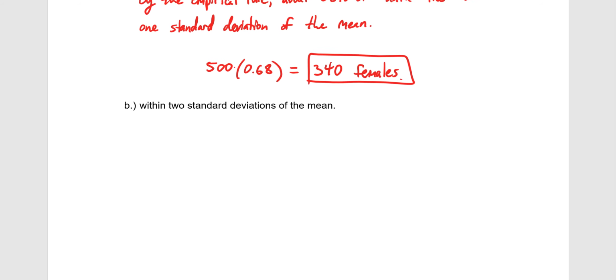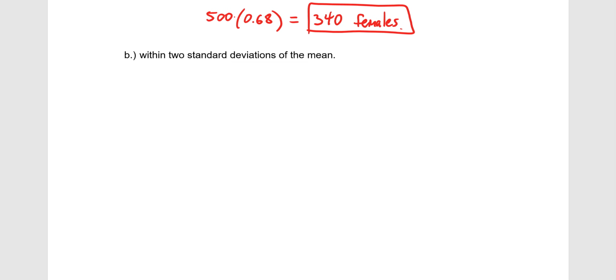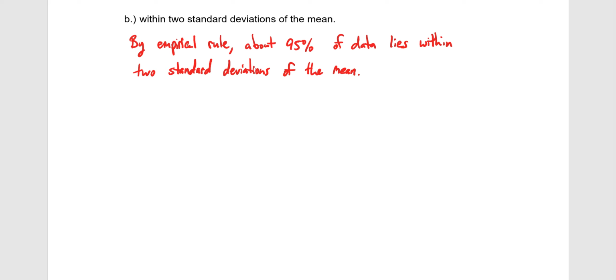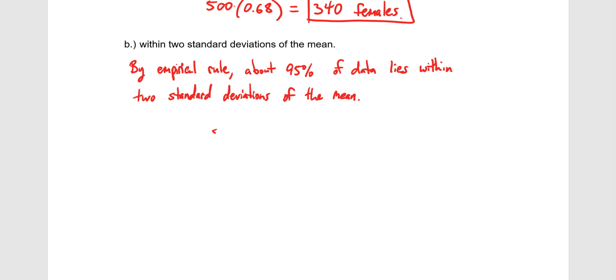And for the next question, we have how many are going to fall within 2 standard deviations of the mean. So we know that 95% of the data is within 2 standard deviations of the mean thanks to the empirical rule. So we're actually going to do the exact same thing as we did right above it. It's going to be 500 times 0.95.